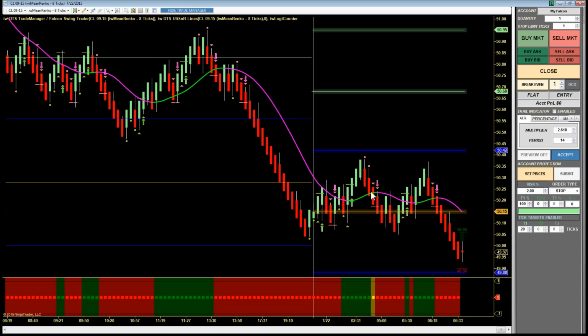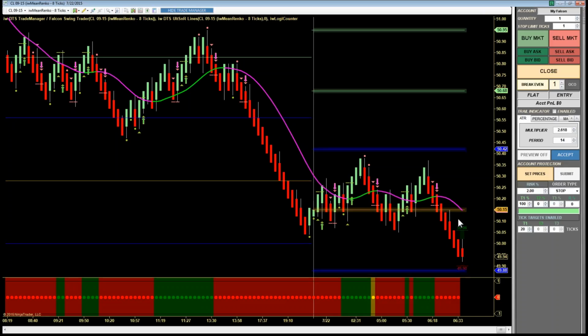We want to be trading the same direction as our trend line. So right now our trend line is red. We have the movement here, this push that moved the trend line from green to red. Now we're going to look for the buyers to rally it a little bit, and that should give us an opportunity to sell it if it confirms the signal.